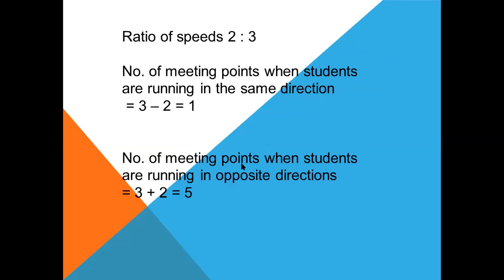If they are moving in opposite directions, it would be 3 plus 2 equal to 5, so they would meet at 5 points around the circle.